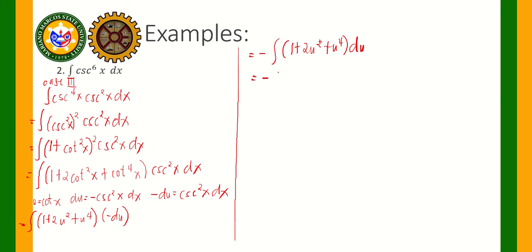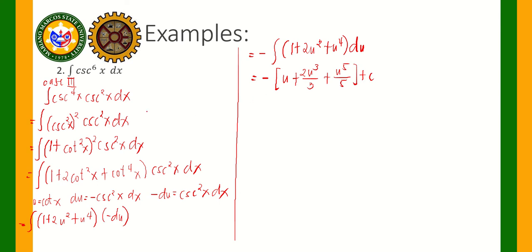So, this will be equal to negative u plus 2u cubed over 3 plus u raised to 5 over 5 and then plus c. Okay? And then plus c.